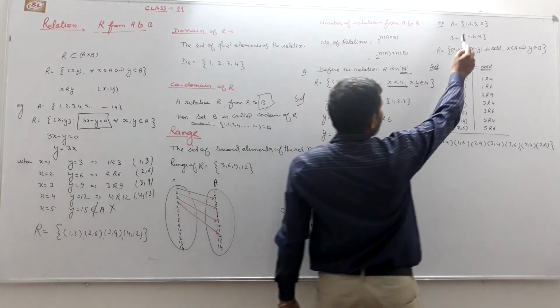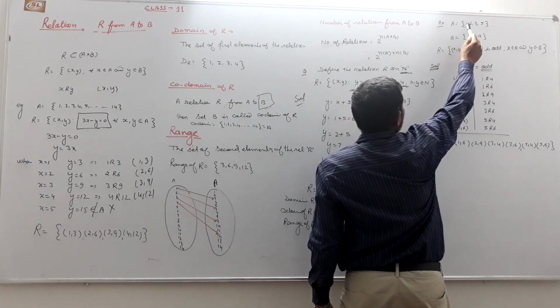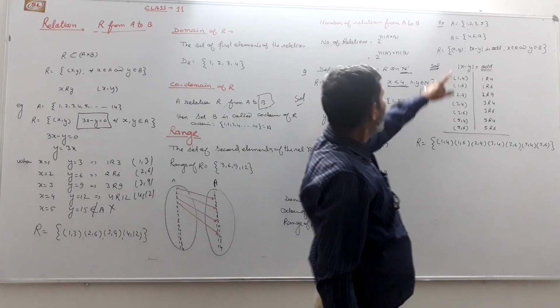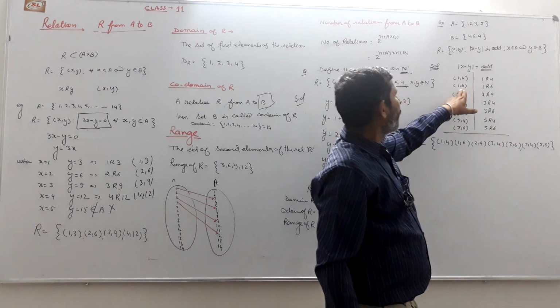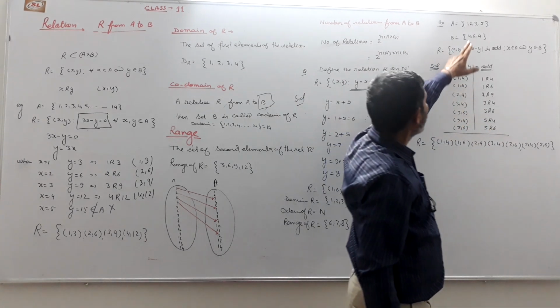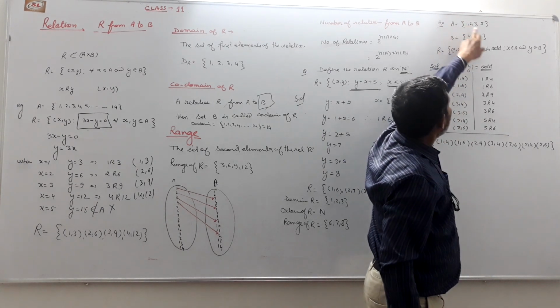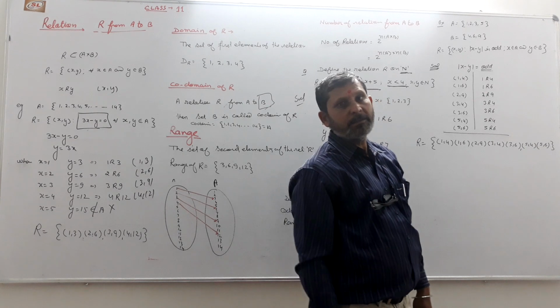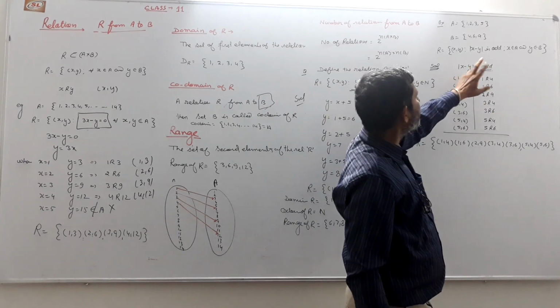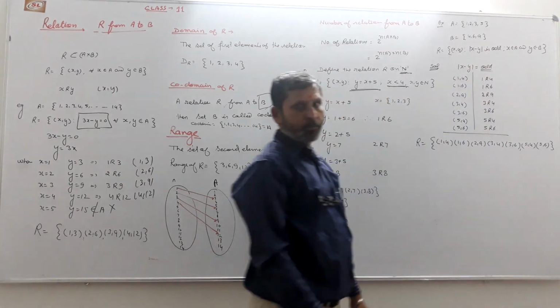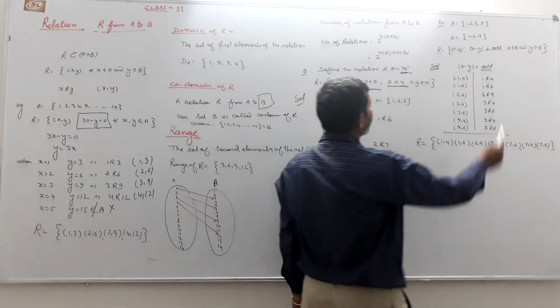So 1 comma 4: 1 minus 4 is 3. Or 1 comma 6: 1 minus 6 is 5. Then 2 comma 9: 2 minus 9 is 7. Then 3 minus 4, mod of 3 minus 4 is 1, which is odd.